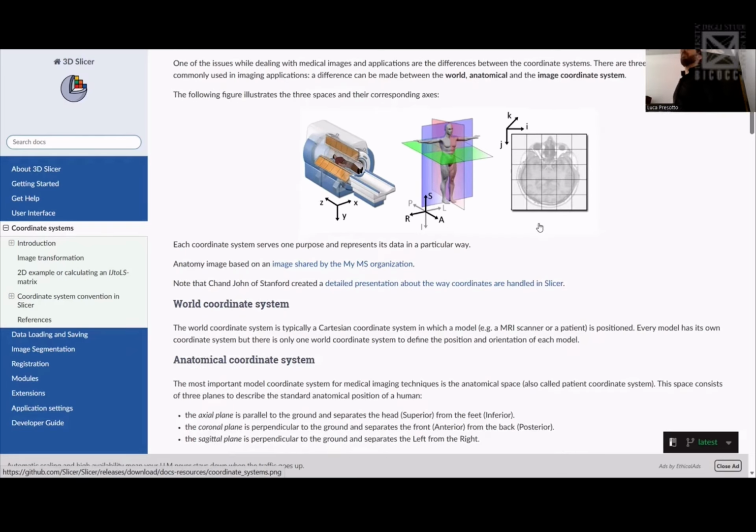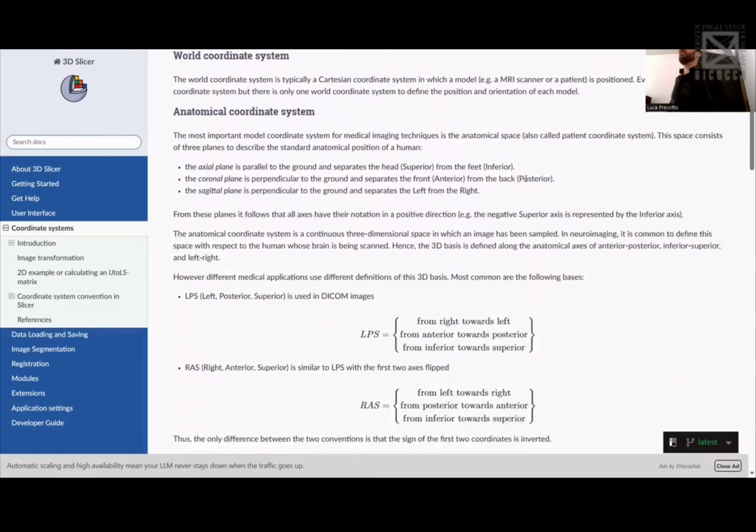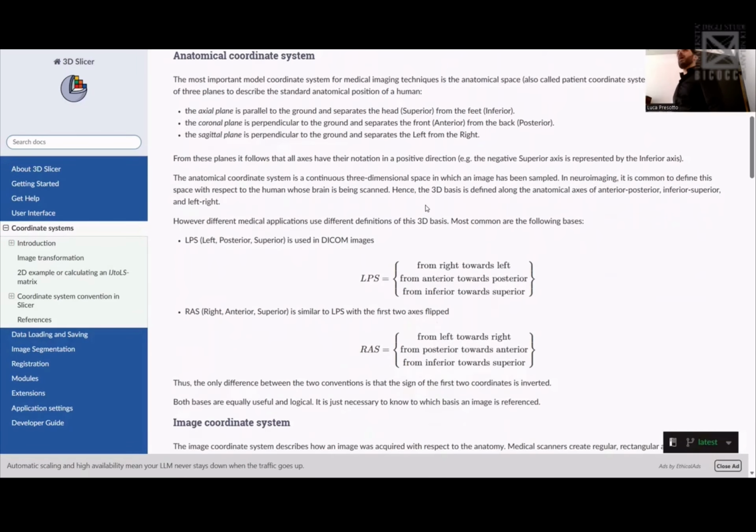By using what's saved in the headers, you get a position in millimeters between every slice by reading the slice location, and by using the pixel size and some other flags in the headers like LPS, which means from right to left, from anterior to posterior, from inferior to superior, or the opposite, you can actually assign coordinates to pixels.